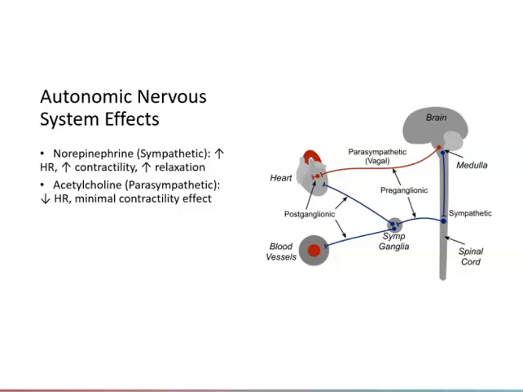It strengthens each contraction, which we call inotropy, and it also helps the heart relax faster, and that's lusitropy. This works by increasing calcium entry into the cell and also speeding up the calcium cycling.